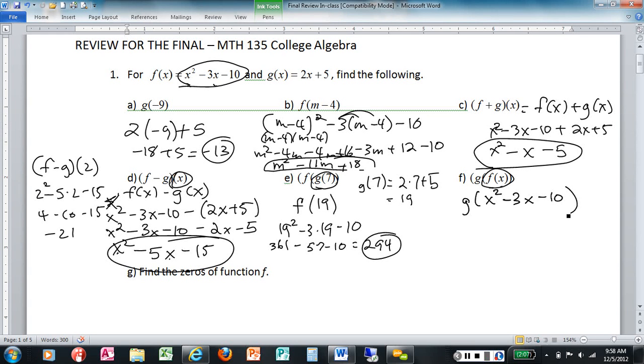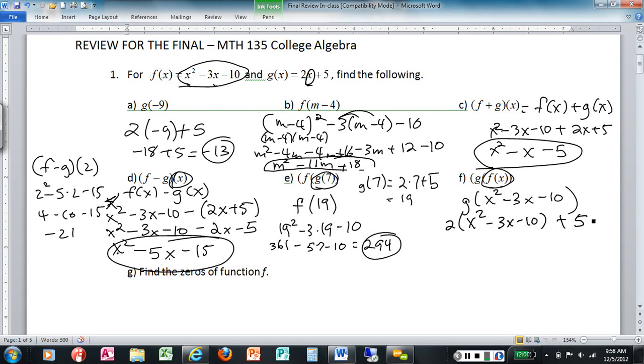All right, well, that turns then into one like B up there, right? Now it's just saying input X squared minus 3X minus 10. So this is going to go in for X in my G function. So that would be 2 times X squared minus 3X minus 10, because that goes in place of X there, plus the 5. With me? See that?